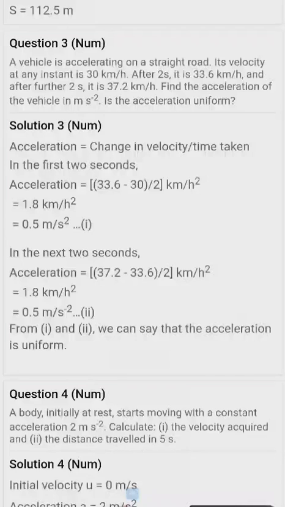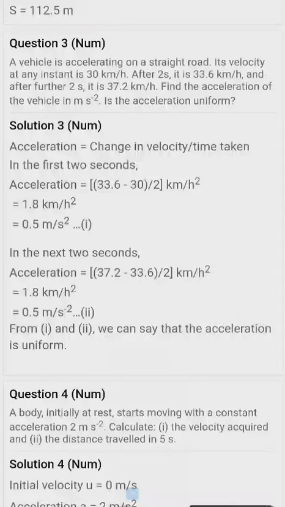So I gave you two methods. First is either during the start of the sum you multiply by 5 by 18, or in the second case, you can do it later on. When you multiply 37.2 into 5 by 18, you're getting something like 31 by 3.